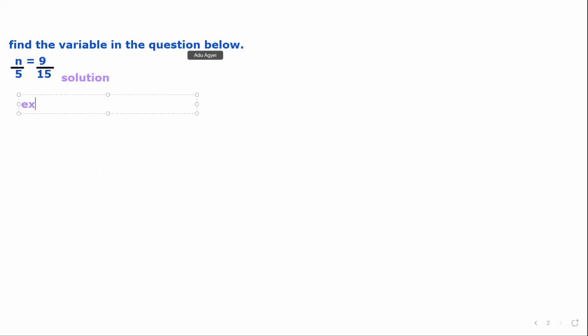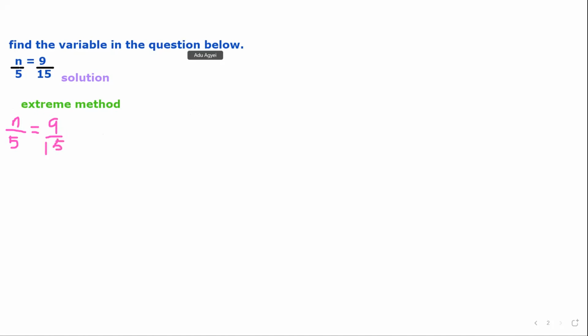Now, extreme method. So with the extreme method, once the question is set in the fraction form, then the n over 5 here equal to 9 over 15.